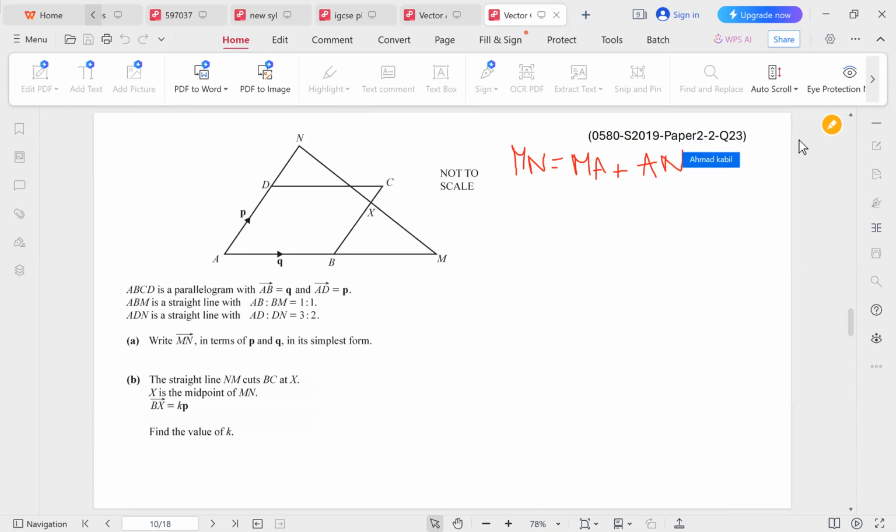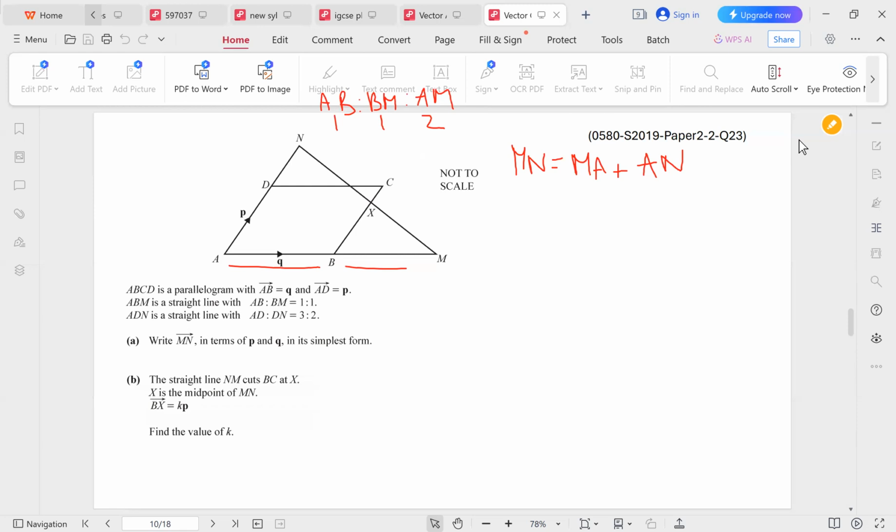Now we are given ratios to find MA and AN. First of all, we know that AB to BM is 1 to 1. So we have a segment here and a segment here. We can construct a ratio. So we have AB to BM to AM. And this is 1 to 1 to 2. Now we are interested in MA, so we're interested in AM.